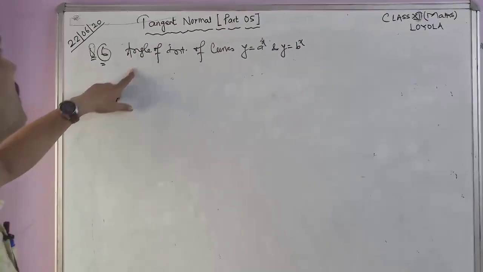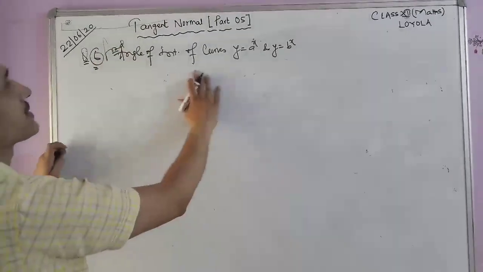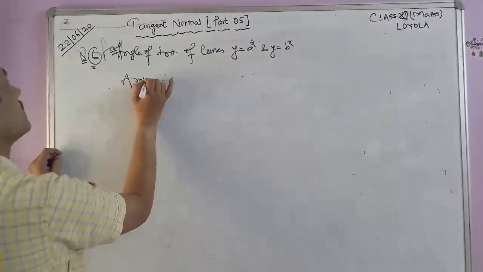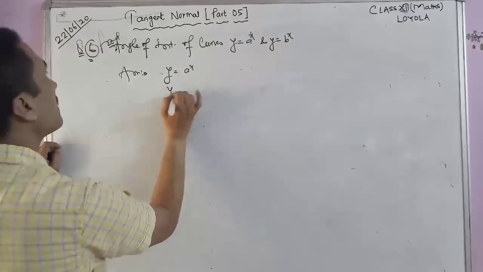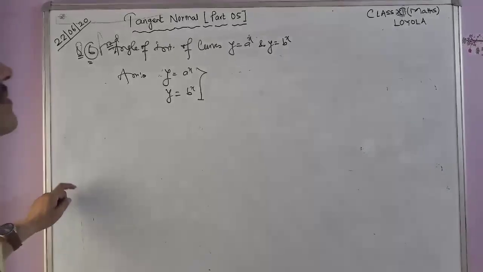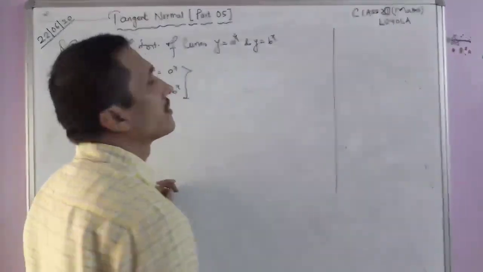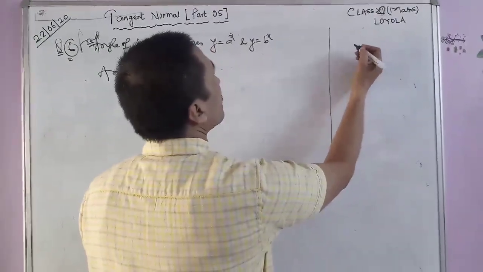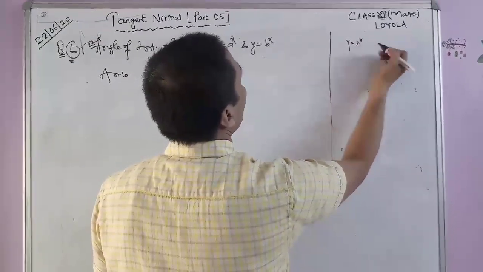Next question is, find the angle of intersection of the curves y equal to a to the power x and y equal to b to the power x. Here we know the exponential function y equal to lambda to the power x.